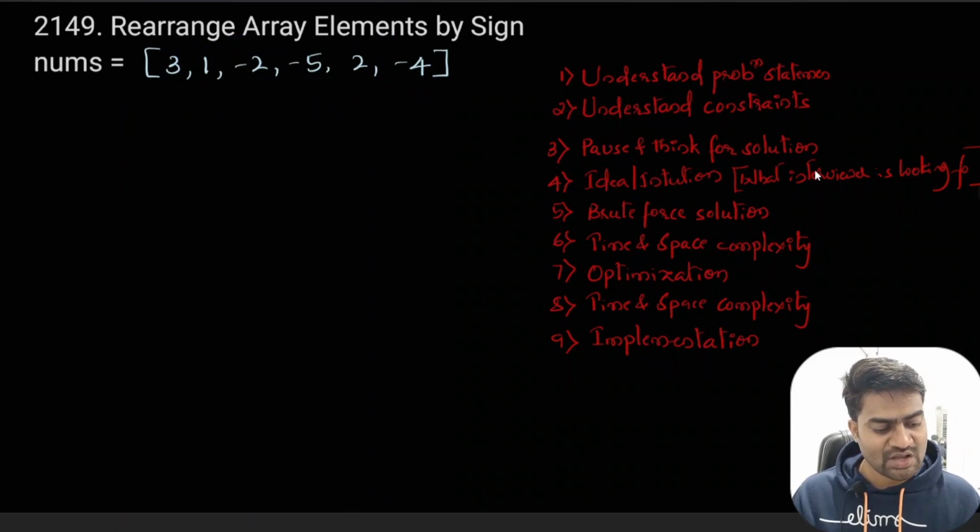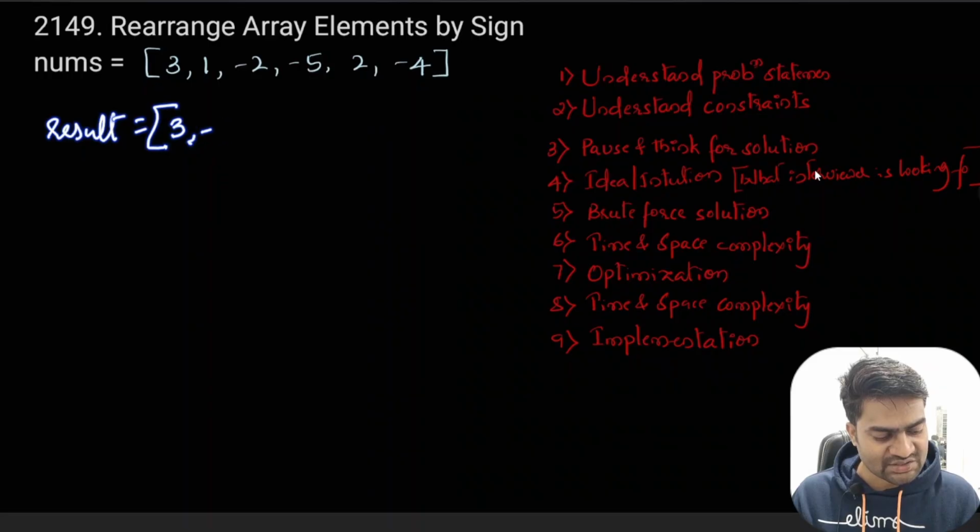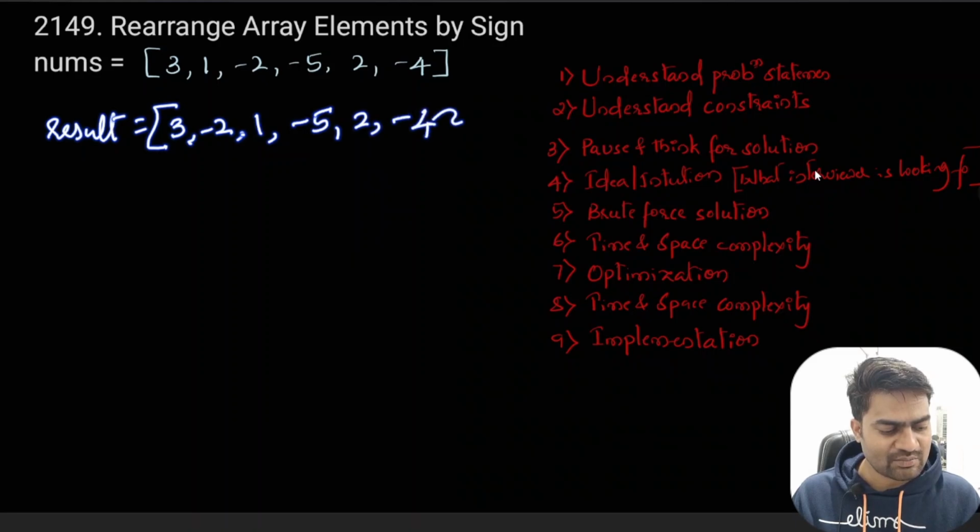Then what we need to do is start the result array, something like this. It should start with a positive number. So I will take 3 first, then it should be followed by a negative number, so minus 2. We are taking the numbers in the same order that they appear. So minus 2, then 1, then minus 5, then 2, and then minus 4.